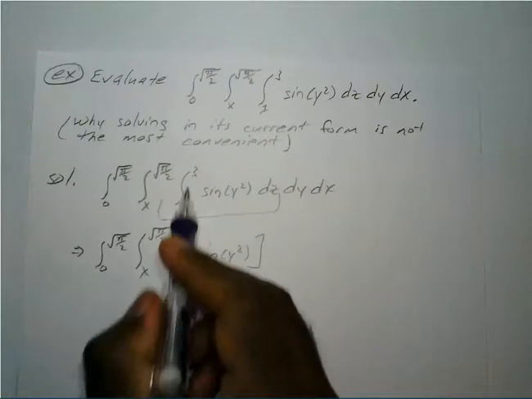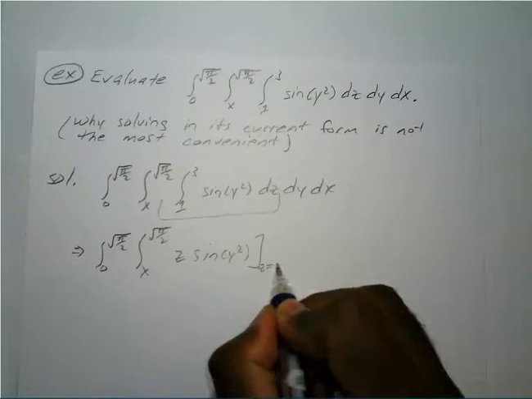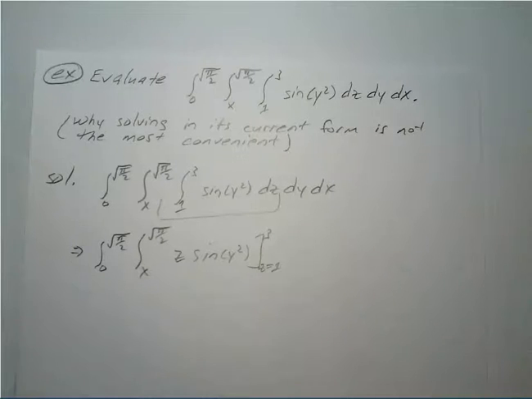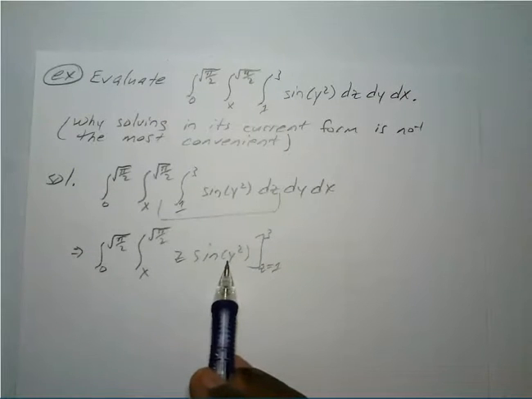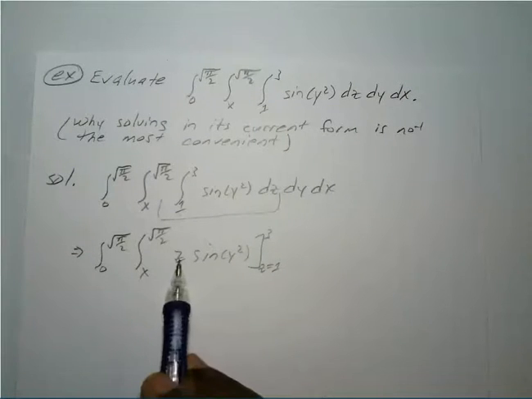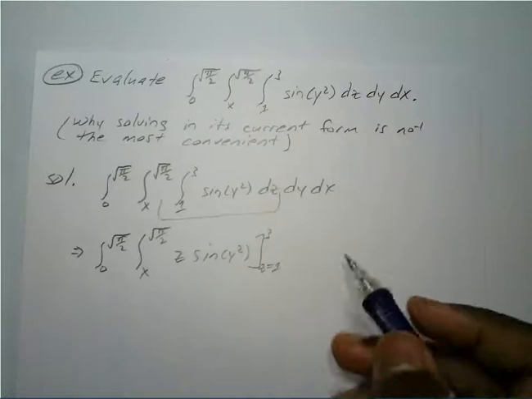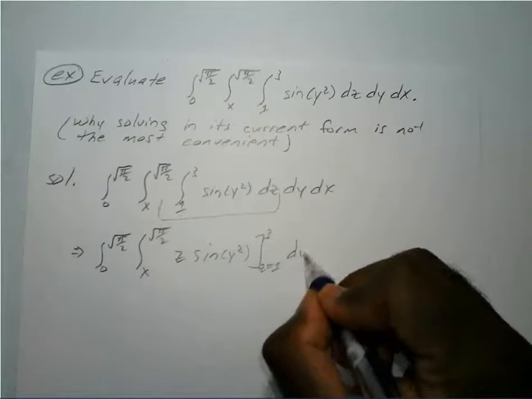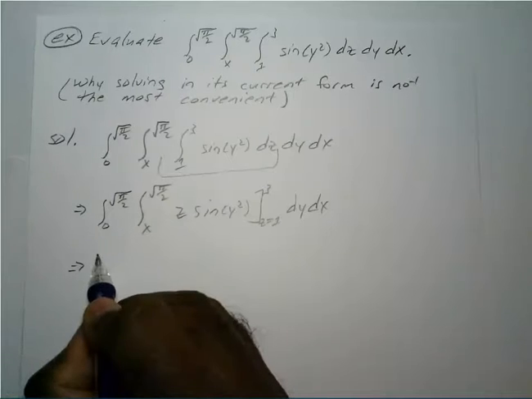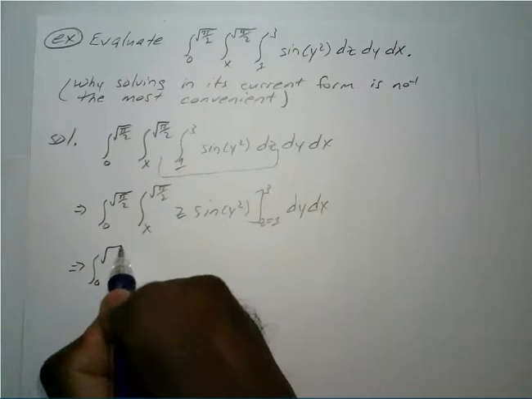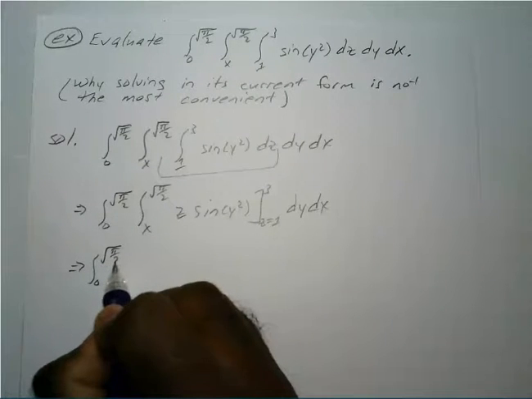We know that's from 1 to 3. So z equals 1 to z equals 3. Okay. So if we plug in our 3, we have 3 sine y squared minus 1 sine y squared. We just end up with 2 sine y squared. So dy dx.